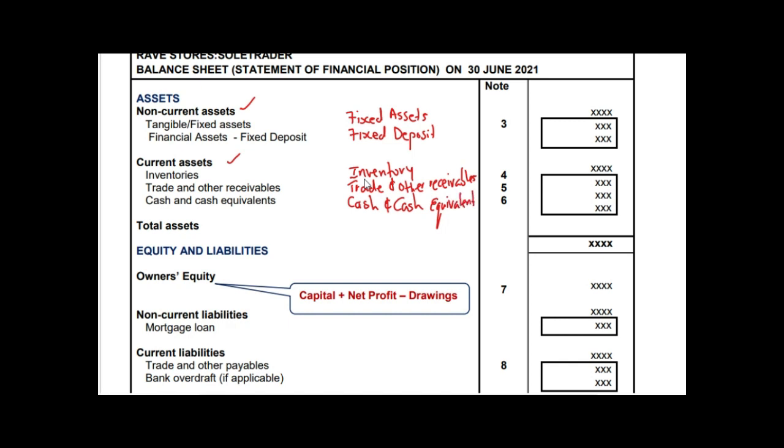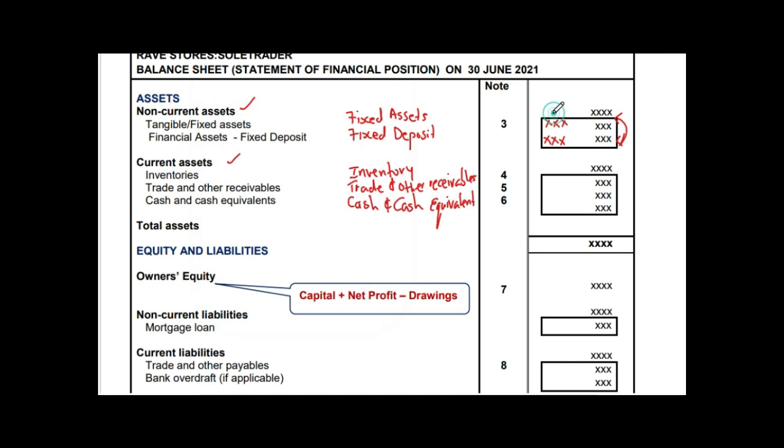And then guys, at this stage we can look for our balance for our fixed asset and record it under our non-current asset, and also have the amount for fixed deposit from our trial balance or the given information and record it under our non-current asset. And then guys, we are going to add these two, and whenever we add these two, we are going to have an amount for non-current asset.